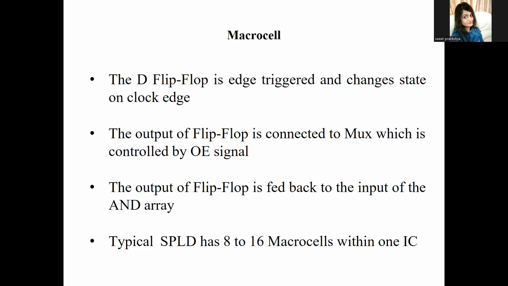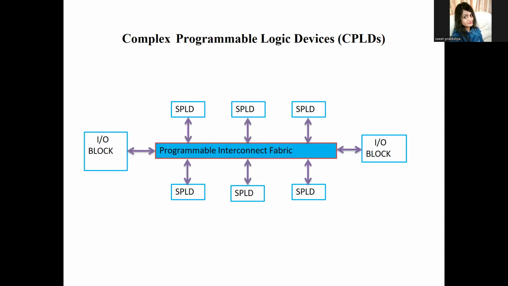As we already discussed, this is a written explanation. The D flip-flop is edge triggered and changes state on the clock edge, the output is controlled by a mux, and the output of the flip-flop is fed back to the input through an AND array. Also, in one IC, a normal SPLD will contain 8 to 16 macro cells.